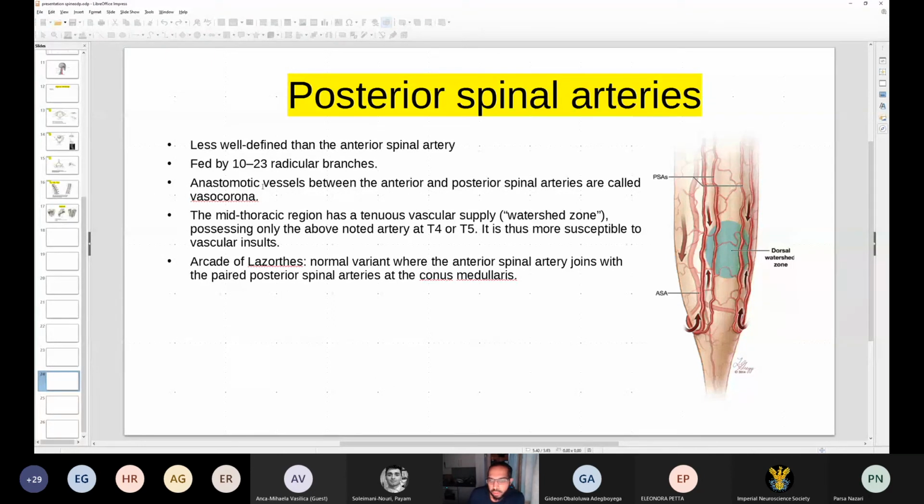The mid-thoracic region is an area that's commonly injured because the blood supply is not well established there. It's a watershed area.